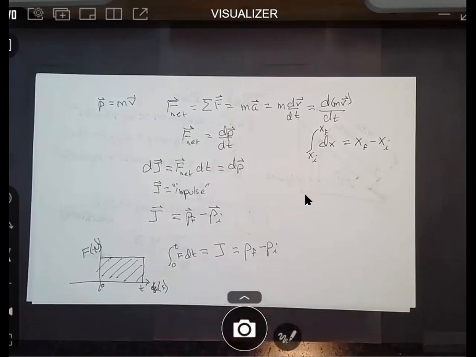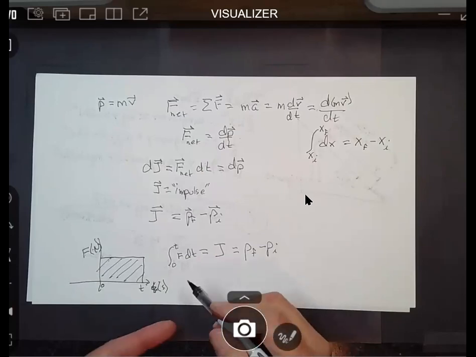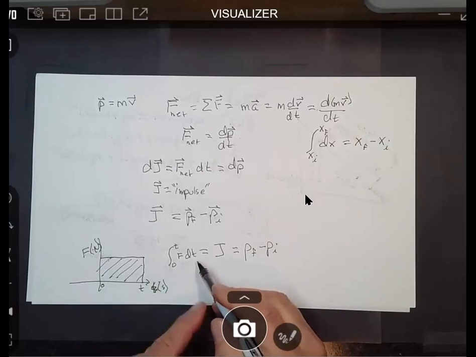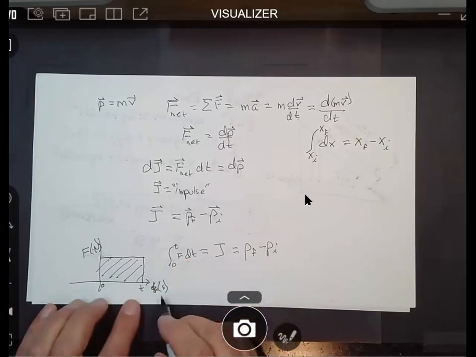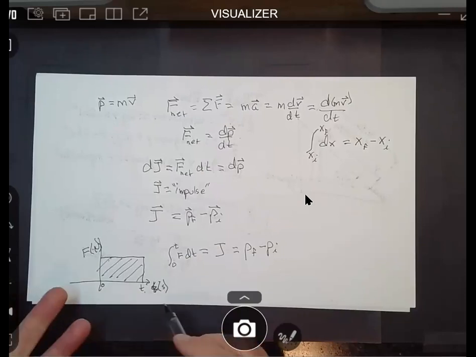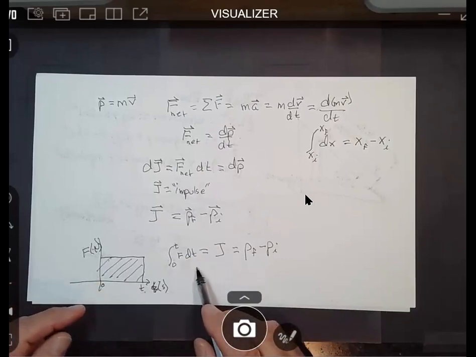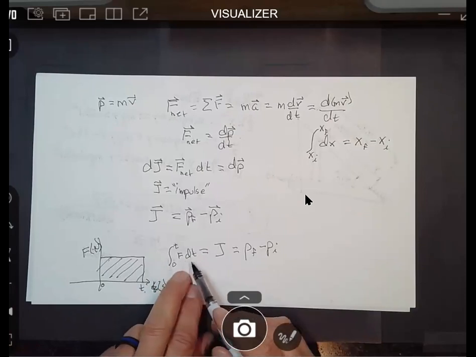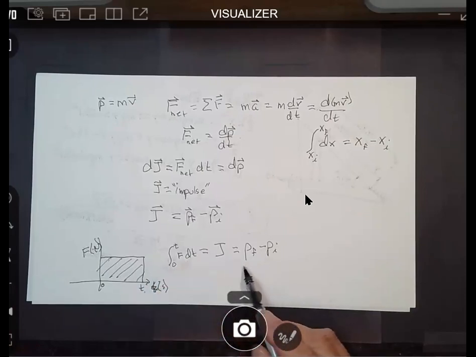So in the last unit, we thought a bit about the integral of force and position. Instead of having time on the horizontal axis, we had position, and we looked at how a force might vary with that. Now we're looking at force times a change in time.